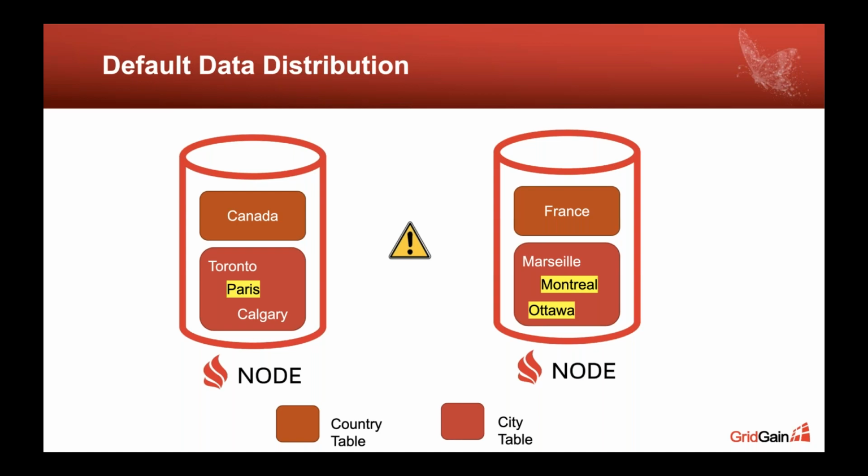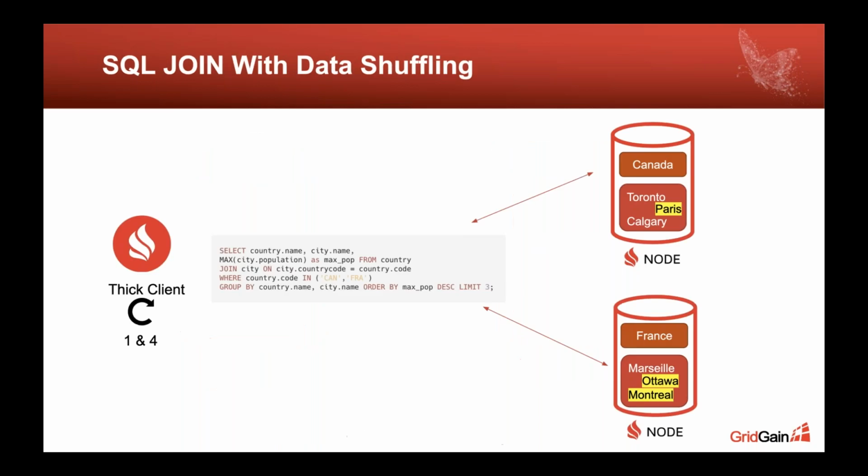It might be okay for you to have this distribution, especially if you just run simple SQL queries, if you don't need to iterate all the cities of a specific country, or you're just using key value APIs. But if you want to run more advanced SQL queries, such as those with joins, then you can trigger data shuffling between your nodes.